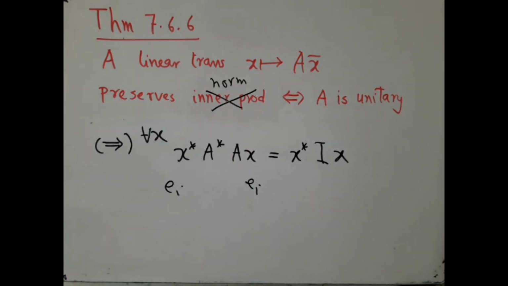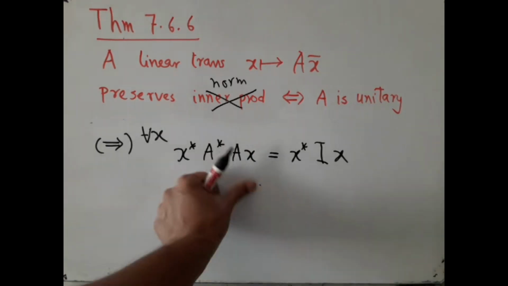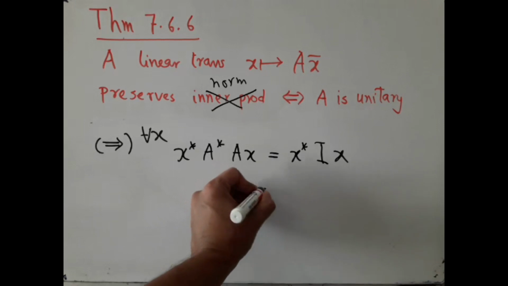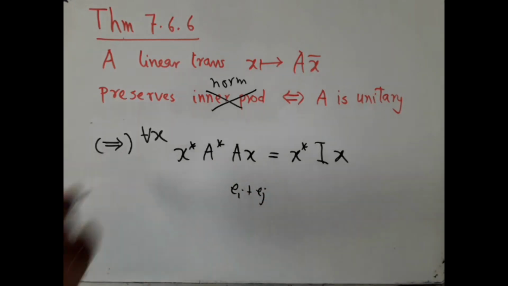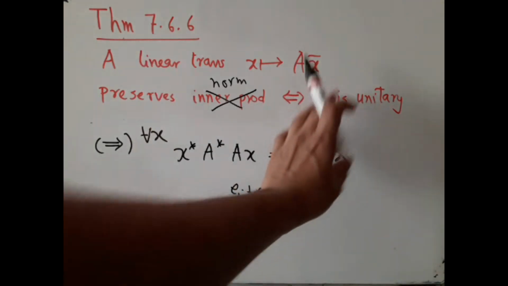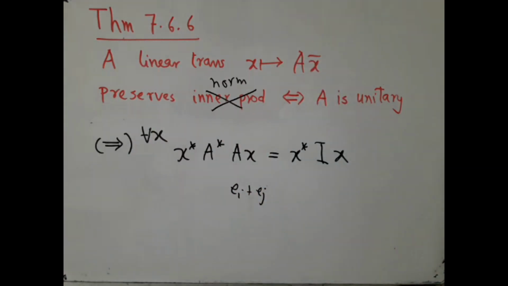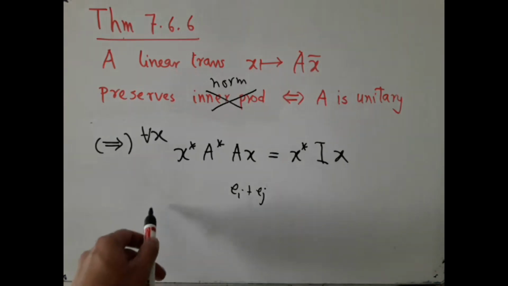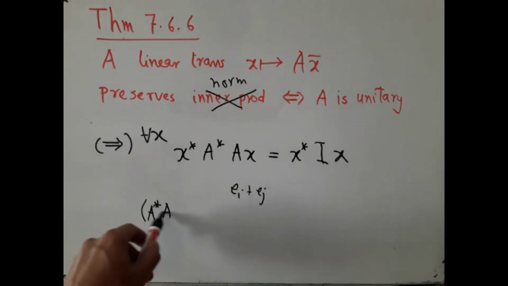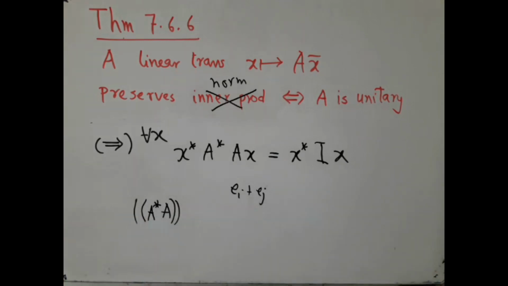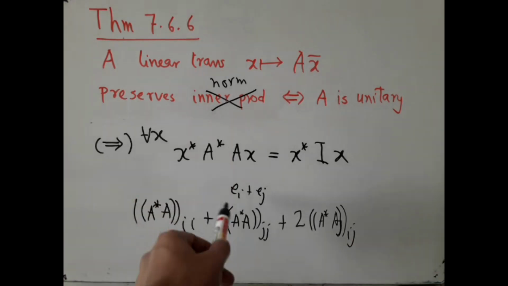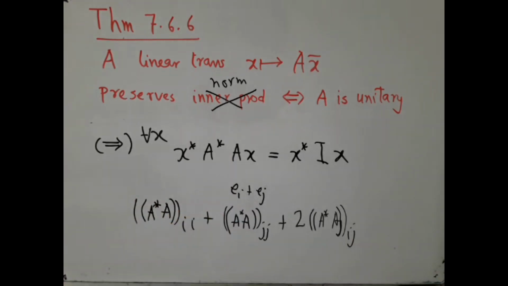Now what I am going to do, that's the trick, is use not e_i but e_i plus e_j here, similarly e_i plus e_j whole star here, and based on that I will get something here equal to something there. Now the something that I will be getting, you can check for yourself, will be this. I will be getting various entries of A star A. I will get this if I put in place of x e_i plus e_j.